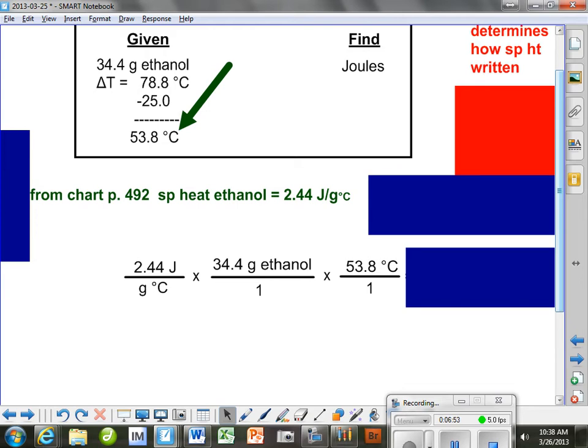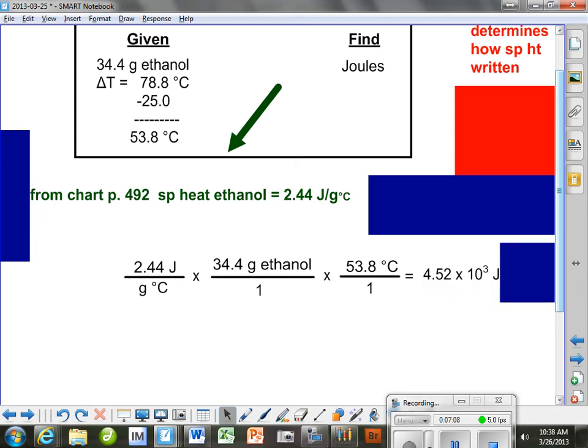You'll notice that the degrees centigrade here will cancel the degrees centigrade down here, and the grams here will cancel the grams down here. And what we get at the end is 4.52 times 10 to the third, or we could write that as 4,520. Are you writing this down?